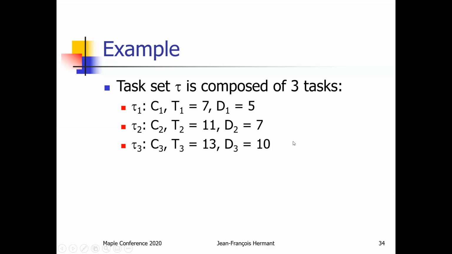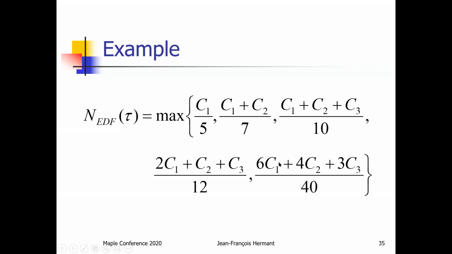So we consider the following example. Task set TO is composed of 3 tasks, TO1, TO2, TO3. We know that the worst case execution times are unknown and variables, and the periods and the deadlines are set as follows. After removing all the redundant constraints, we get this tiny expression of the feasibility domain for EDF.